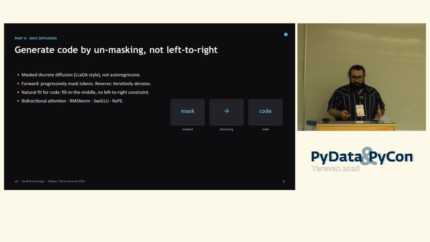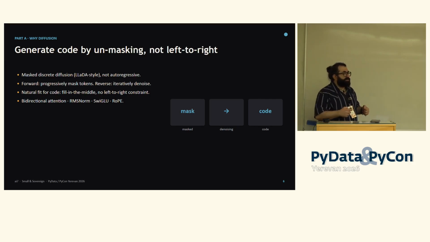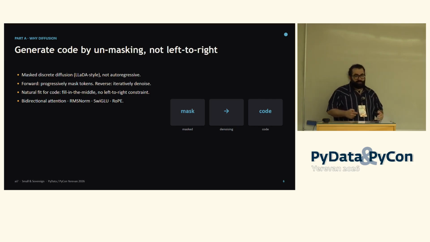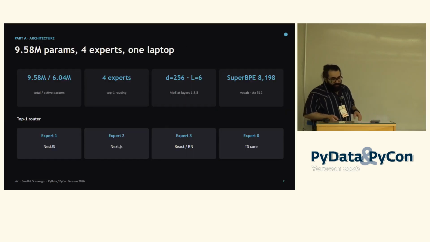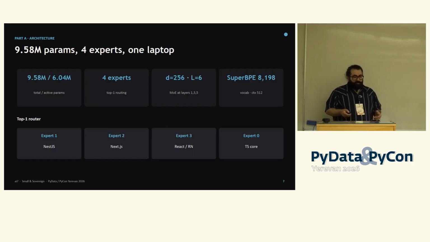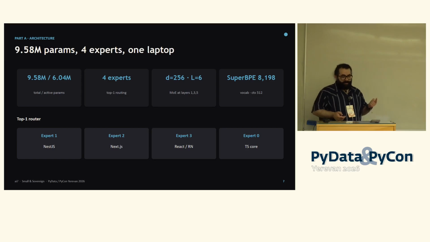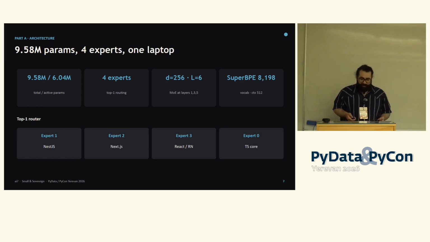Also, the entire flow was stitched together based on multi-layer experiments. I'm going to discuss more and share the code as well. So the result was 9.58 million parameters for experts on one 8 gigabyte VRAM laptop.